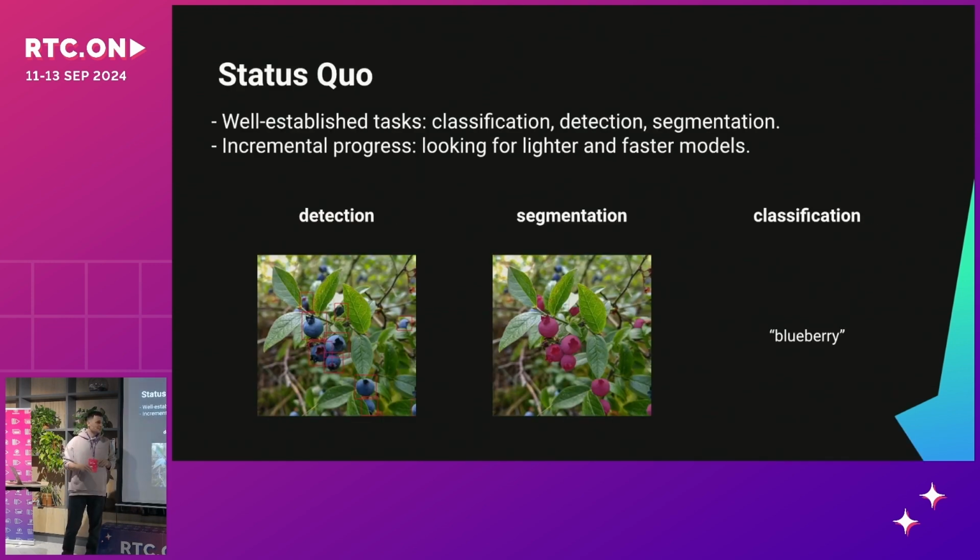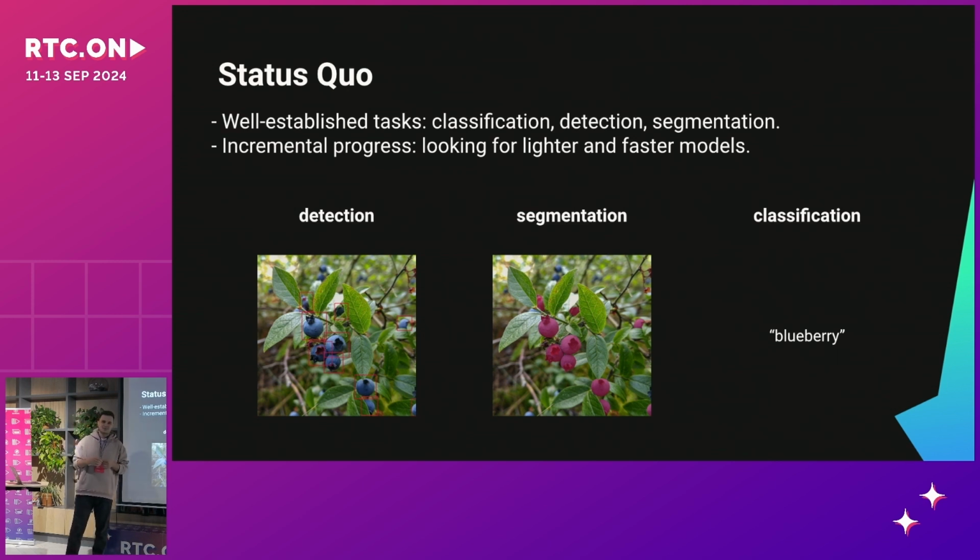Okay, so let's talk about history, and it's pretty funny to call it history because it was like 5 to 10 years ago, but in the computer vision space and in the machine learning space, 5 to 10 years is a lot of time. We move fast. Back then, the computer vision space was pretty stagnant. We had few well-established tasks like object detection, segmentation, classification.